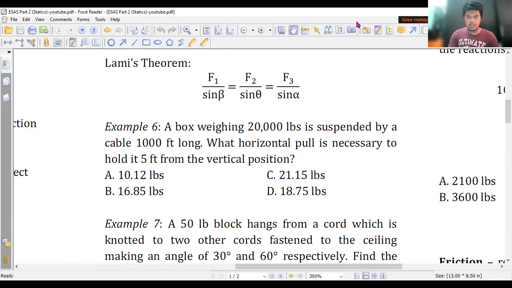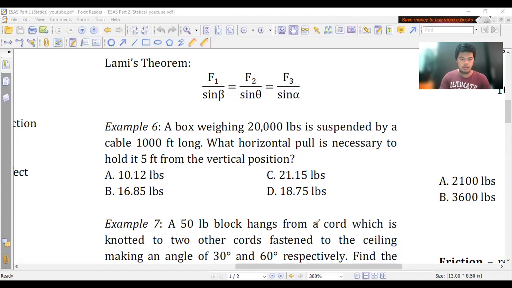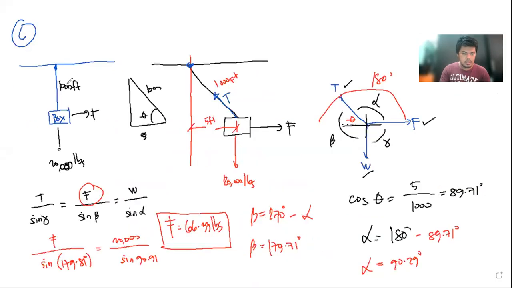Okay, let me check the process. So let us check. So that's 10,000, 20,000, and then this is 5 feet.